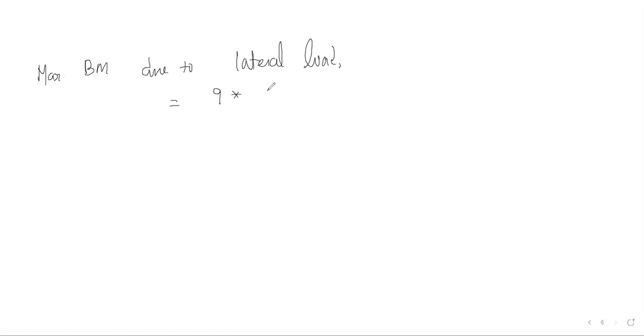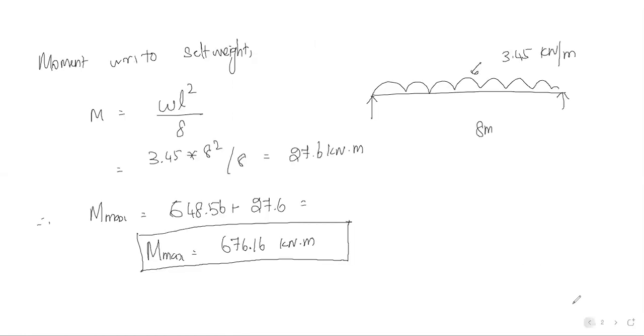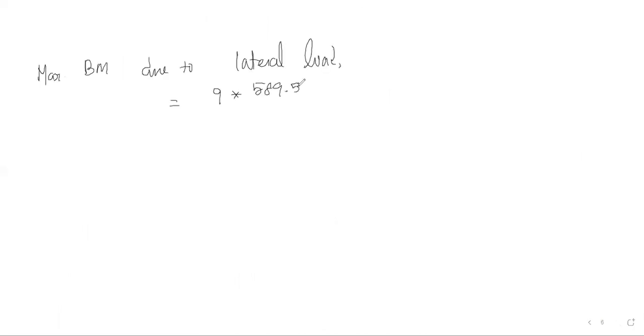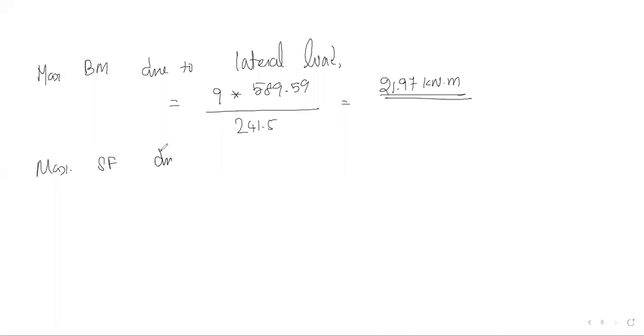So load into maximum bending moment value caused by the vertical load, 589.59, divided by wheel load 241.5. So it becomes 21.97 kilonewton meter.